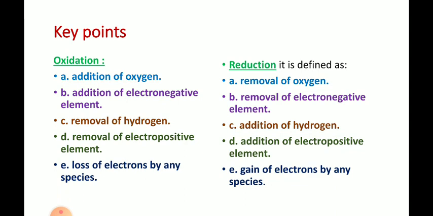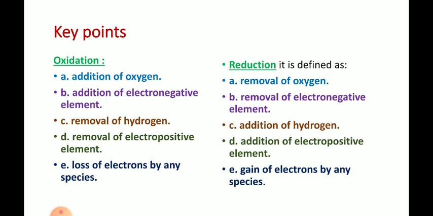In that, the different points are very important, or we can also study with the help of comparison. First we will learn one point from oxidation and another point from reduction, so that by comparison we can study their meanings.